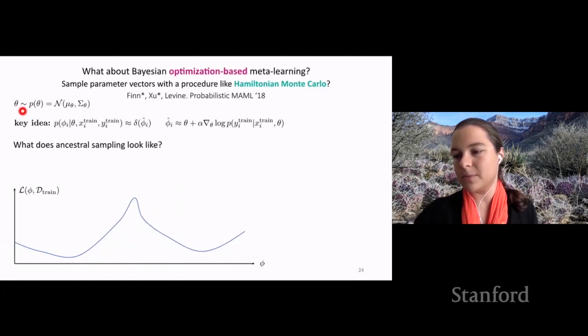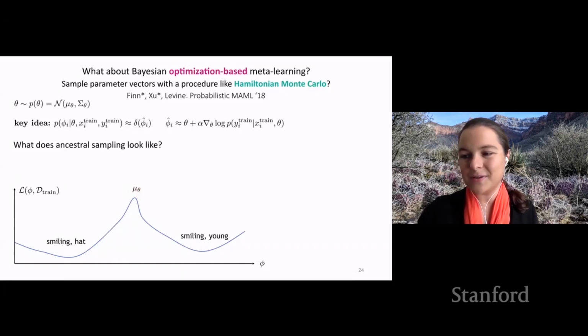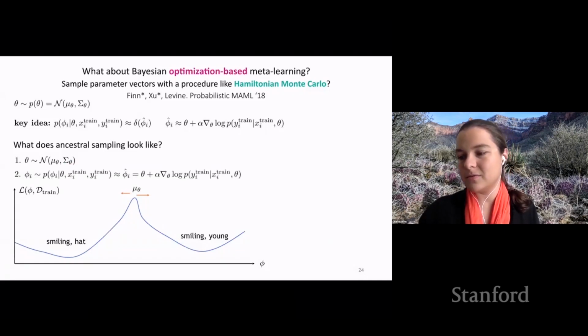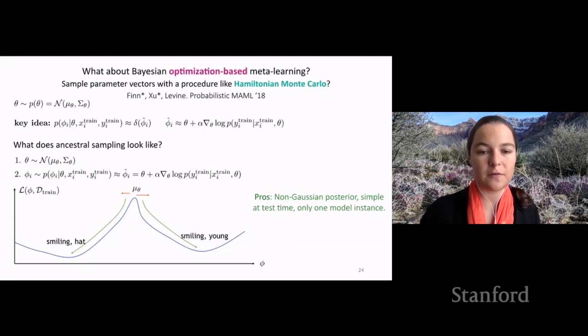Meta training gives you a distribution over theta. At test time, this corresponds to taking the mean of this distribution, sampling from theta, which corresponds to adding noise to the mean in correspondence to the variance, and then running gradient descent, which approximately corresponds to sampling from P of phi given the data. This gives you a non-Gaussian posterior over phi.